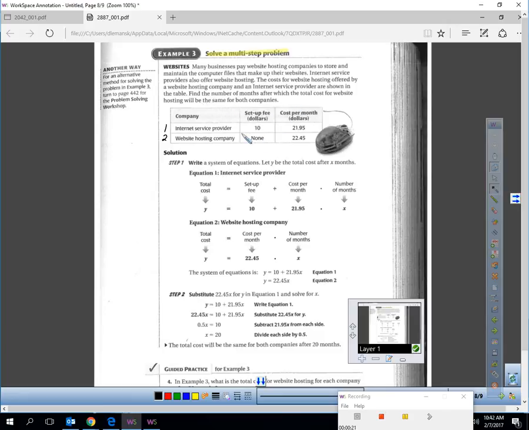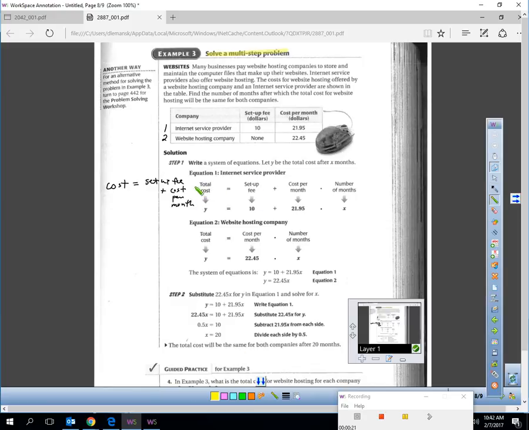So this first company is saying the cost, let me write it out in words, the cost would equal the setup fee plus the cost per month. So we can see that here.